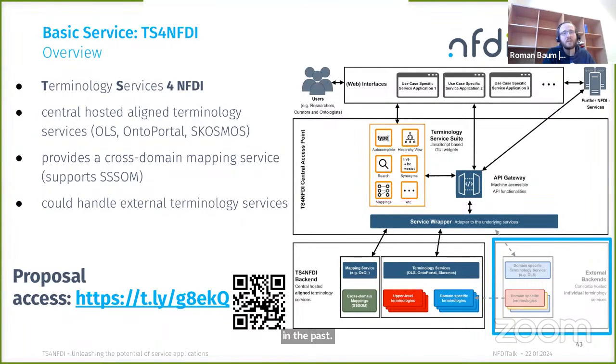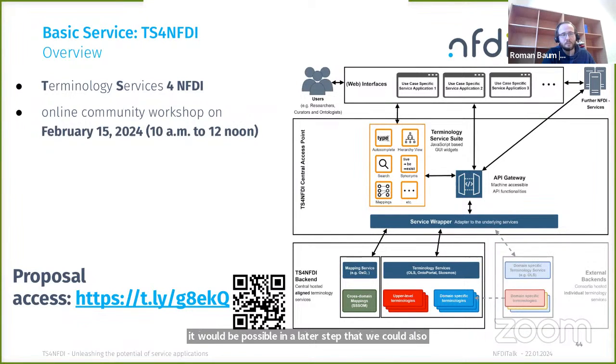And we also have some Cosmos services listed in the spreadsheet of used terminology services inside of the NFDI. We want to focus on these 3 at the beginning, but it would be possible in a later step that we could also integrate another service to a backend structure.